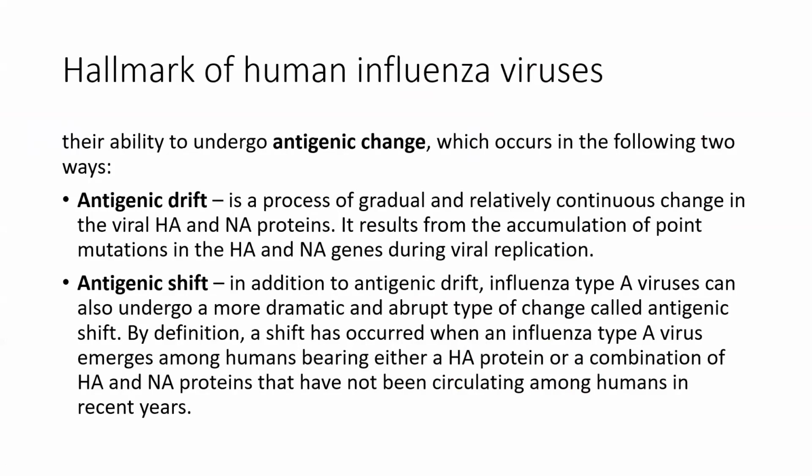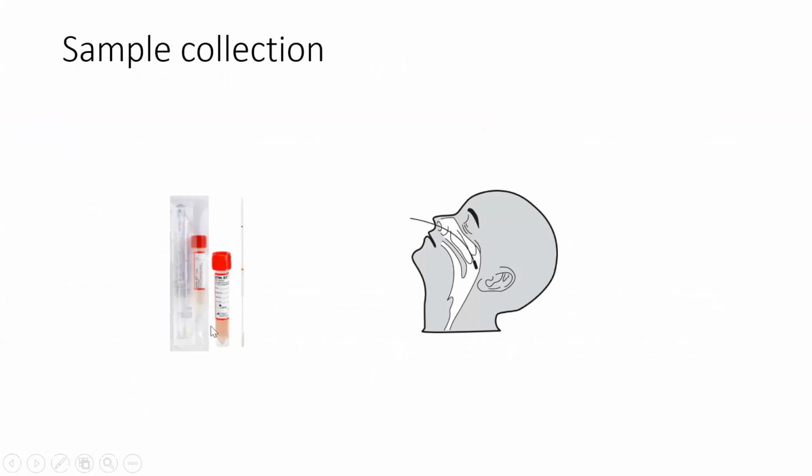That would also mean that a new virus is produced, and that population is not immune to that specific virus. So that is a very important feature of this virus.